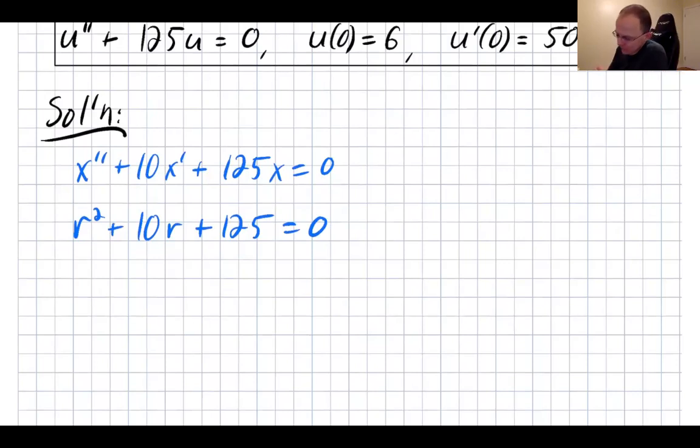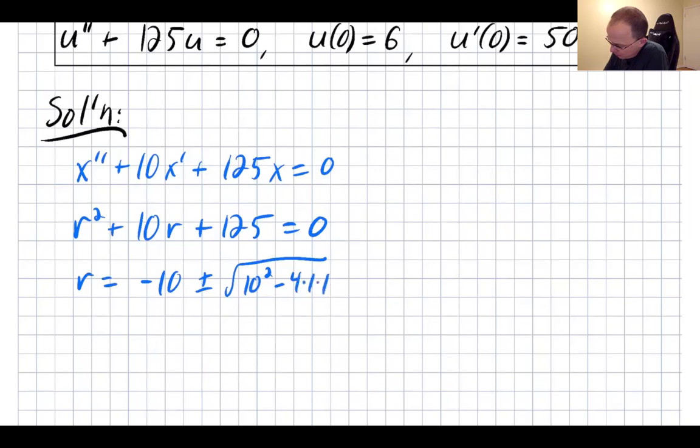Not sure. Let's just use the quadratic formula. So minus b plus or minus the square root of b squared minus 4ac, so 4 times 1 times 125, divided by 2 times 1.